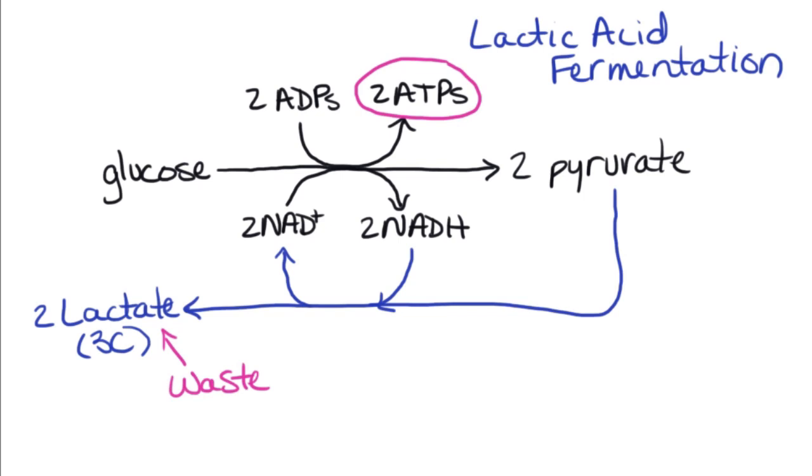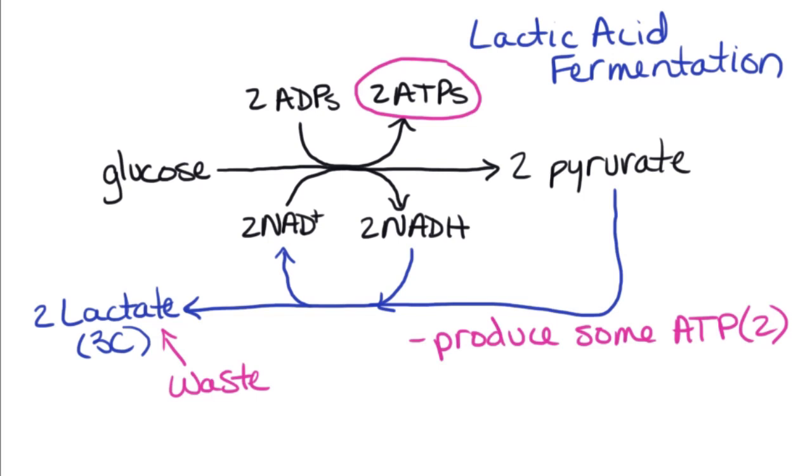So what we've accomplished with all of this is that we do produce some ATP from our glucose that we started with. Really, there's just 2 of them, so it is much less efficient than when we have oxygen present and we can run normal cellular respiration.